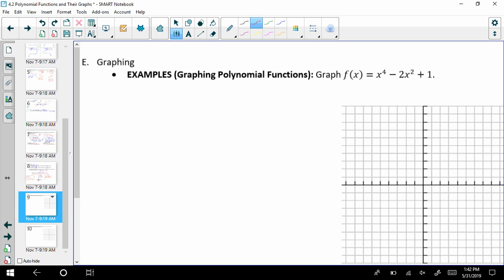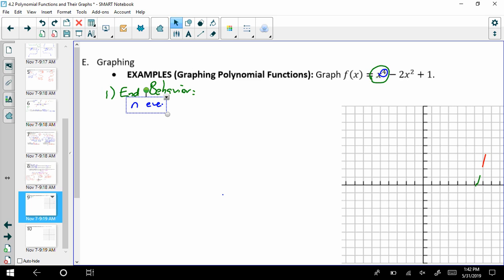So graph this polynomial. Well, there are certain things I would want you to identify as we go through this process. First, let's talk about what's happening on the ends, the end behavior. To do the end behavior, I have to look at the leader, the highest exponent, n is even, and the number out front, which is like a positive 1, is positive.